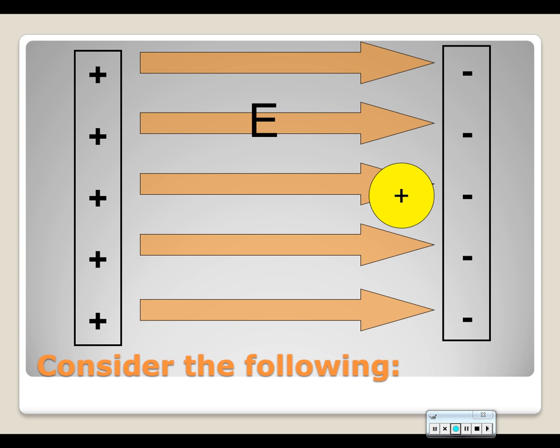Consistent with this picture that we have up on the board? Yes. This yellow dot here represents a positive charge. How did we move this charged particle?